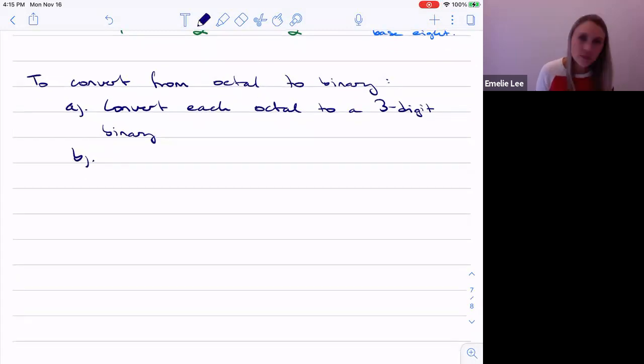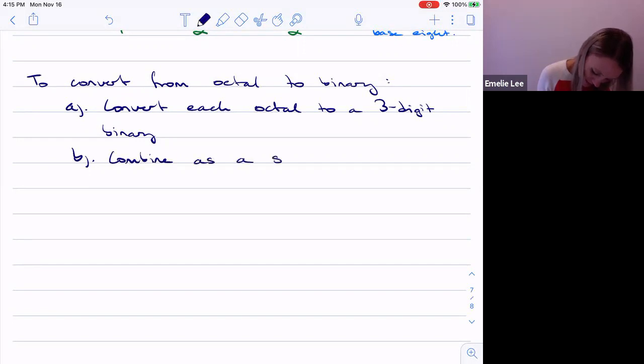And then you just put them all together, smush them all together as a single binary. Combine as a single binary.